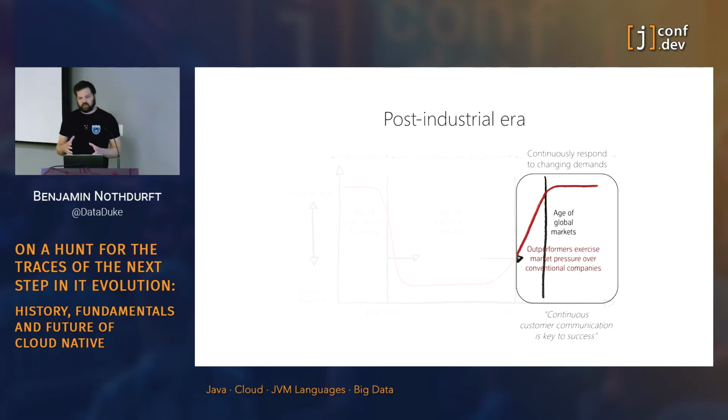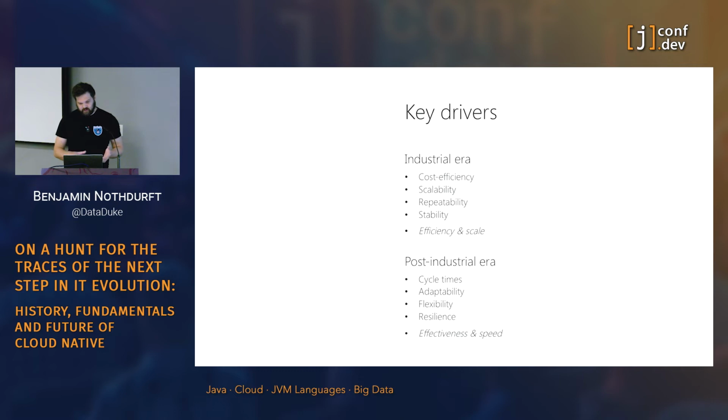And that demand is driving the speed of our industry as well. So the drivers these days are cycle times, adaptability, flexibility, and the resilience of everything that we deliver. In the past, it was a lot different, so cost efficiency and scalability were much more important.